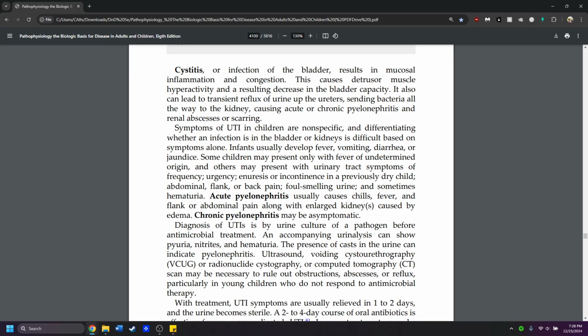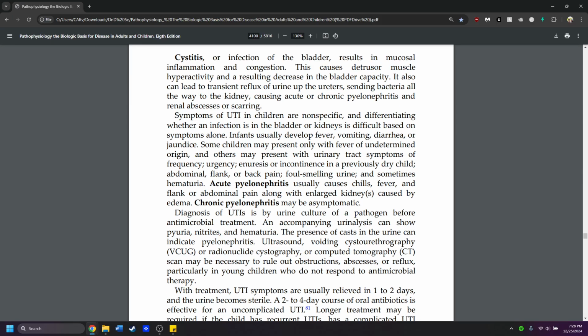This causes detrusor muscle hyperactivity and a resulting decrease in the bladder capacity. It also can lead to transient reflux of urine up the ureters, sending bacteria all the way to the kidney, causing acute or chronic pyelonephritis and renal abscesses or scarring.